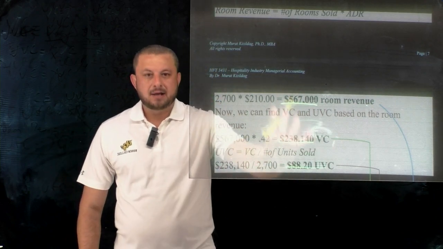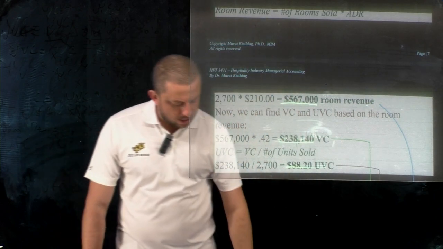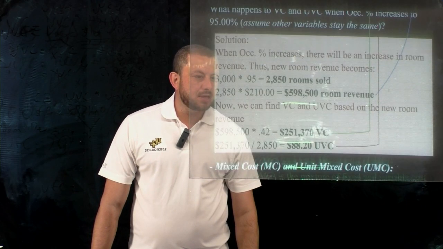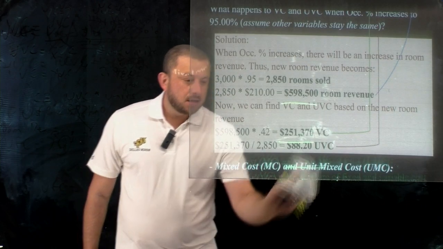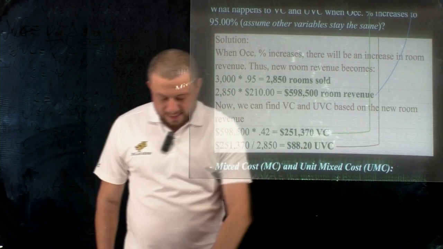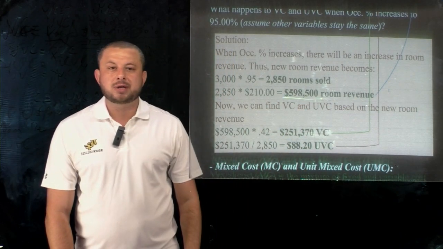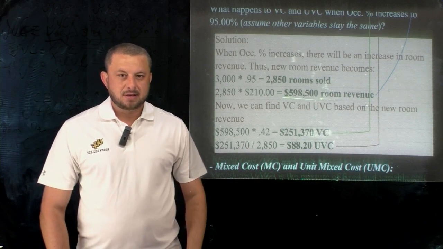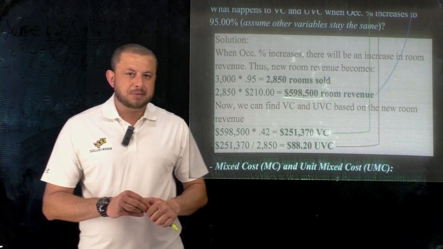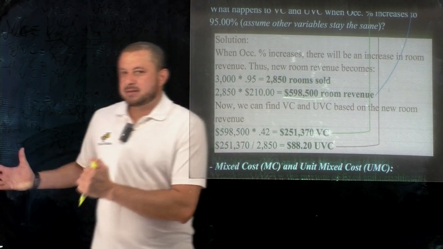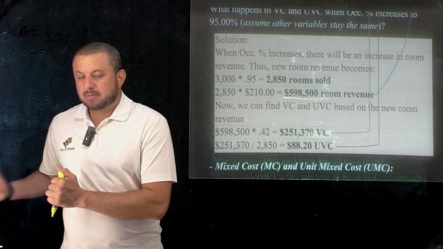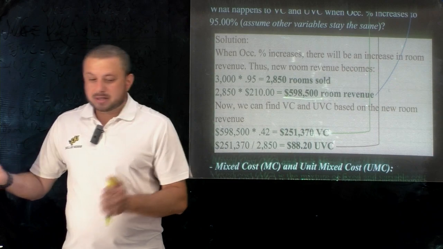This was when we had 90%. Now we have 95%. Okay. Take a look at the room revenue, VC and UVC. Room revenue. Has room revenue increased? Yes. If the room revenue increased, that means that sales must increase too, right? Must have increased. Yes. From 90% to 95%.